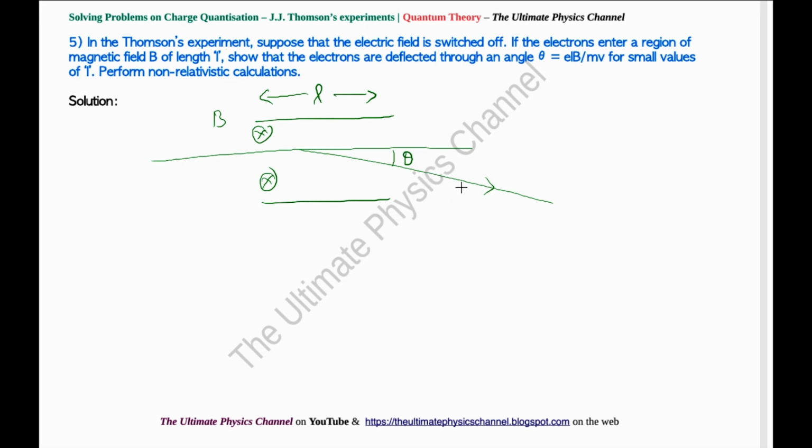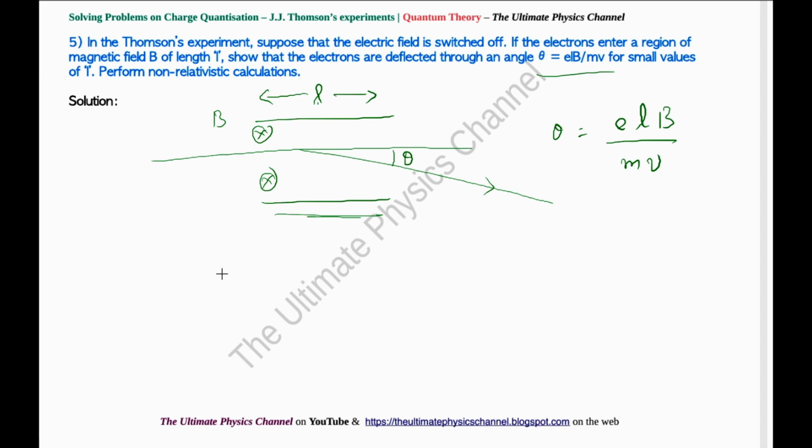Now we have to show that for small values of this L, that is if this region is really small, then this theta is equal to E times L times B over M times V.